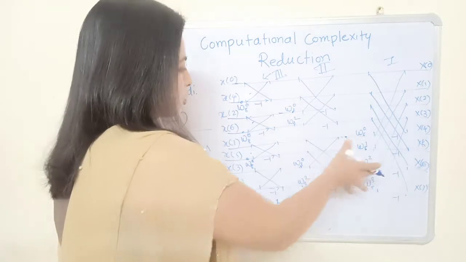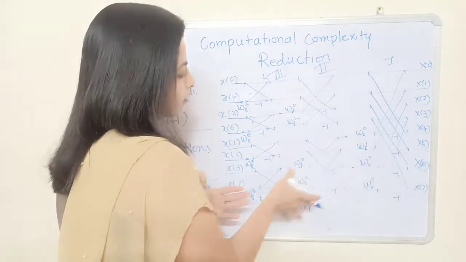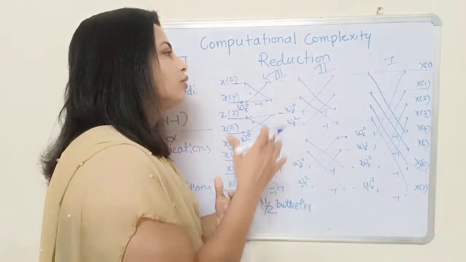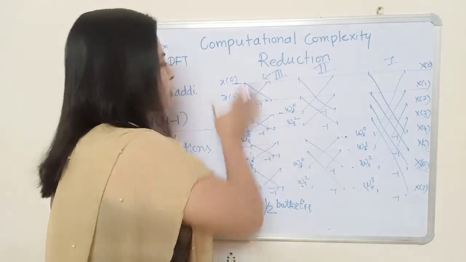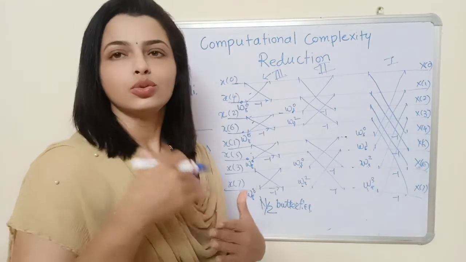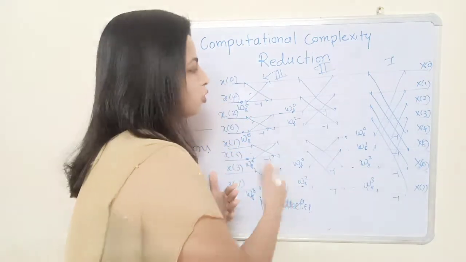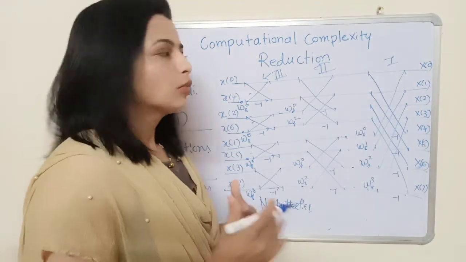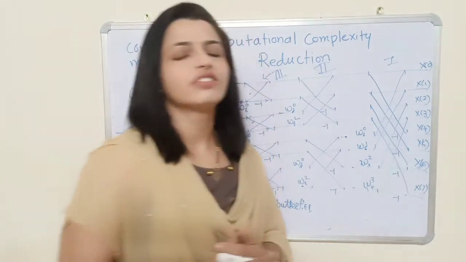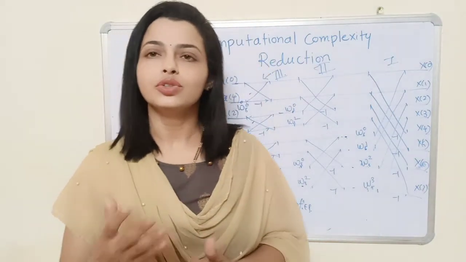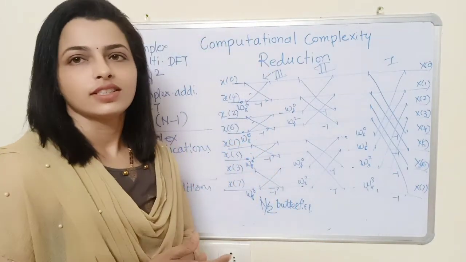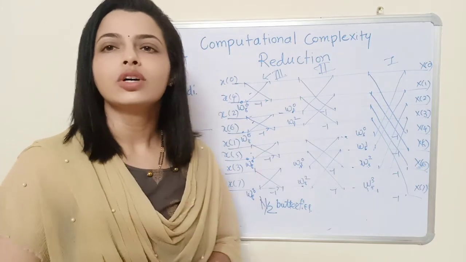Likewise you have to go on dividing by 2, which means you have to choose a number of points n that is 2 raised to something, 2 raised to m. So here 2 raised to 3 is equal to 8. Suppose we want 16-point DFT, then we should use 4 stages, because 2 raised to 4 is equal to 16.